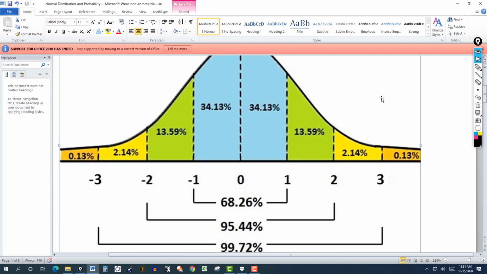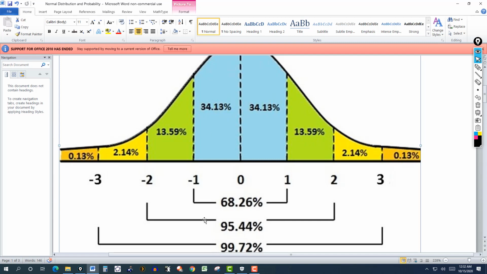Okay, so now if I clear this, and these percentages are given here, what's the probability that if I pick one score at random, that that score would fall within two standard deviations of the mean? Okay, so that means it would be this right here, from -2 to 2.